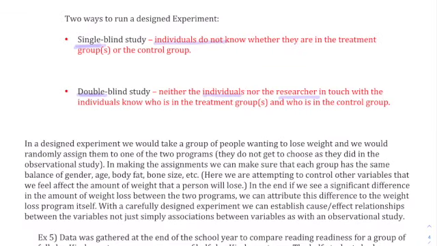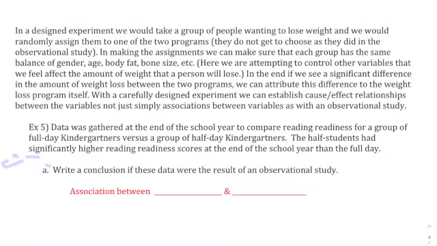So now we're going to read on different things. Reading on, in a designed experiment, we would take a group of people wanting to lose weight and we would randomly assign them to one of the two programs. They do not get to choose as they did in the observational study. Since this is a designed experiment, you are going to know they are going to have a treatment.